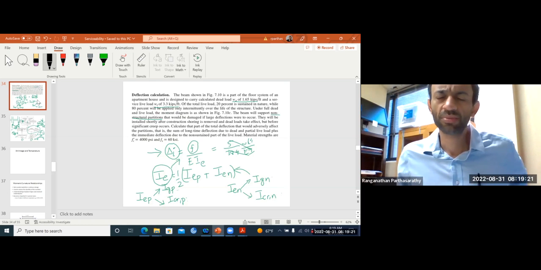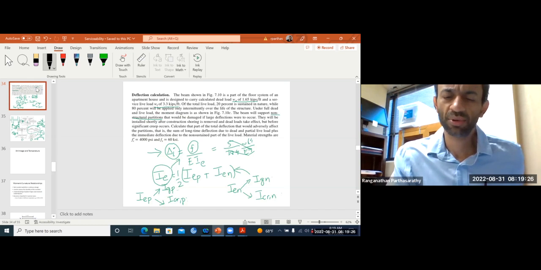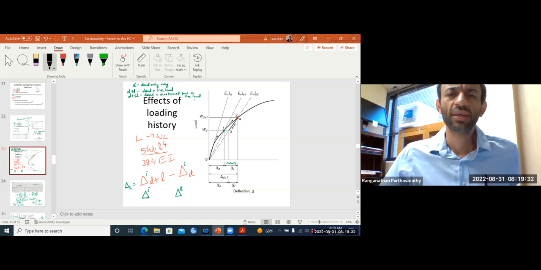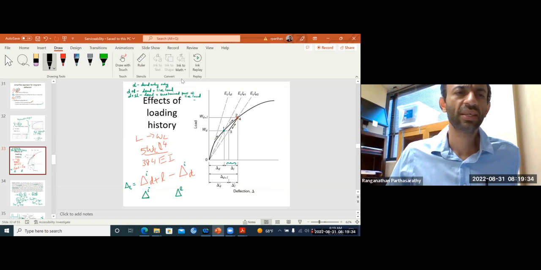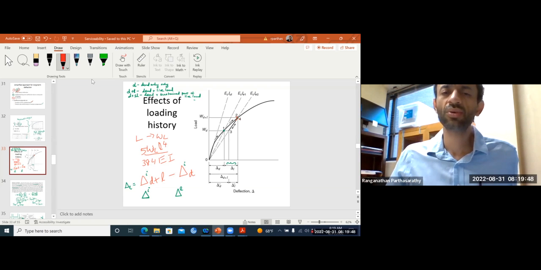Remember we said, just to recall, that's the important point here. Let's go back here. If it is your regular kind of construction where you didn't have very high loads coming in during construction, then this is WD as I showed here. Then when you add your live load, it goes to WD plus L. The difference between these two is your deflection due to dead load.